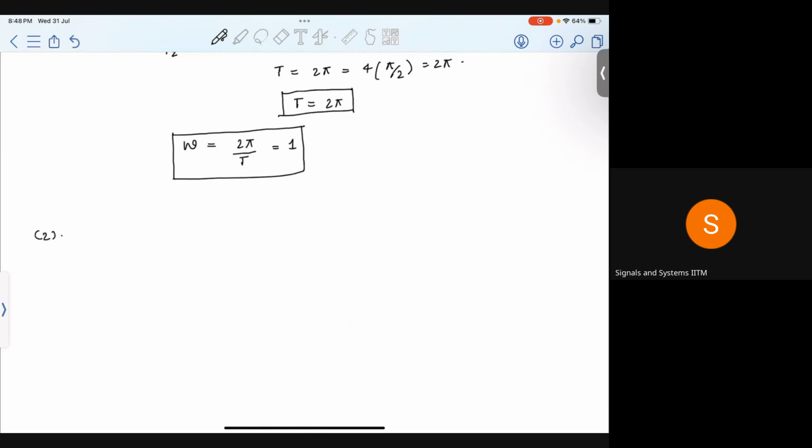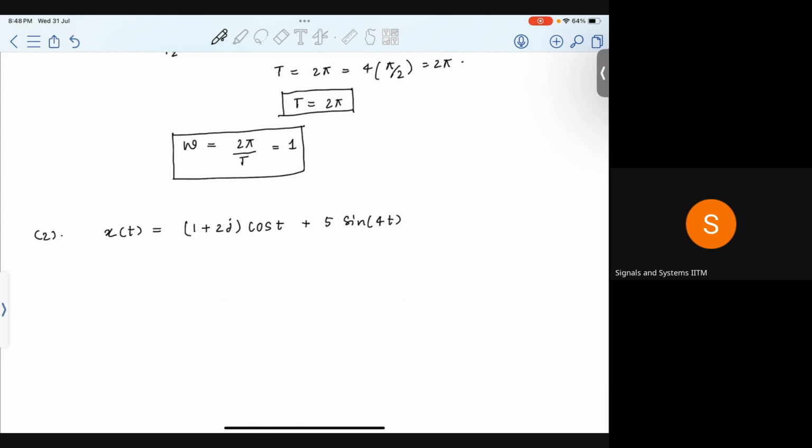So now moving to the second question. You're supposed to find the Fourier coefficients. As I discussed in our previous live session, you can do this as follows.